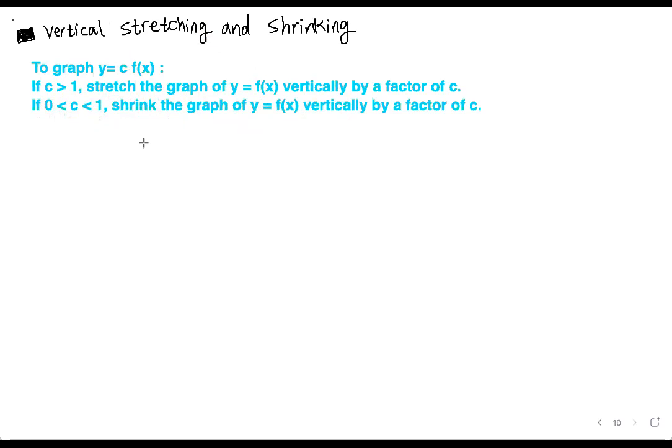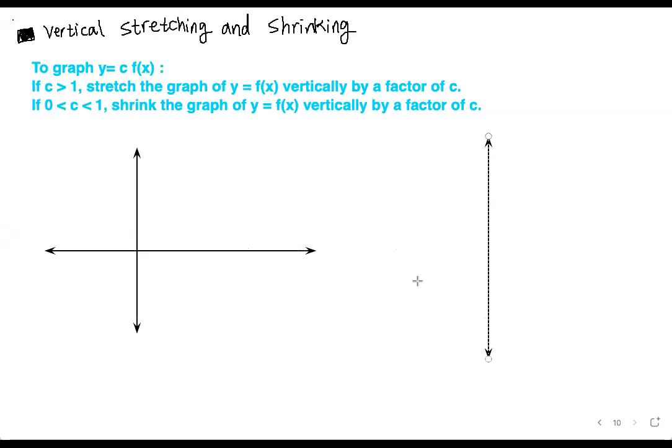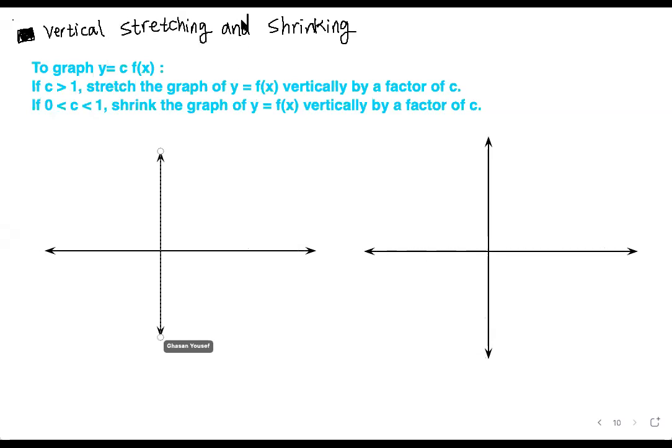Let me explain that by graphing. Suppose my function is the red one.